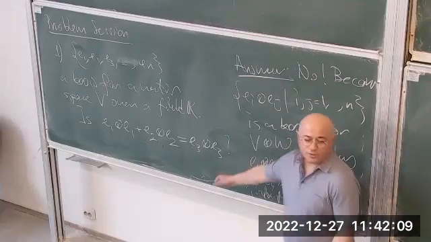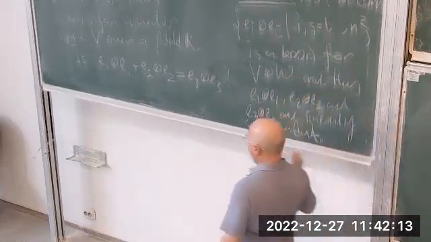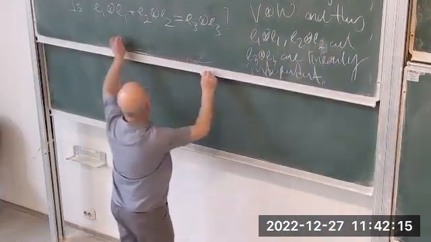So one of them cannot be written as a sum of the other two elements. Right? This is a linear dependence relation.